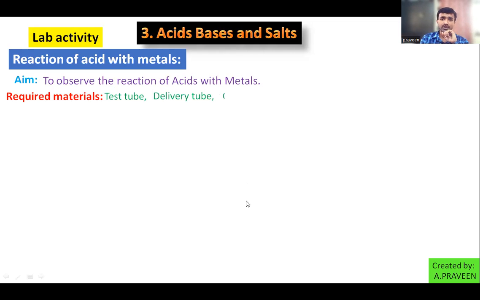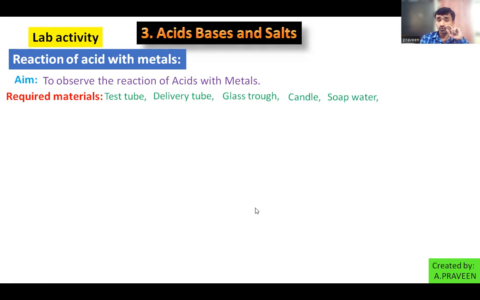So: test tube, delivery tube, glass trough, right? On production of gas, we need to pass it into a liquid to test the gas also. So for that I am collecting a glass trough, soap water, and a candle to test the type of gas.